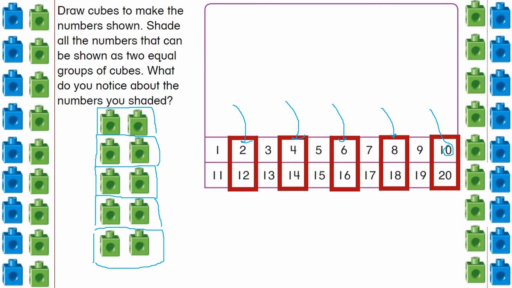So I think if we have a number that ends in 2, 4, 6, 8, or 0, or if we can make 2 even stacks of cubes, 2 stacks that are the same height, I think that means we have an even number. Boys and girls, we are on our way to solving this question. All right, let's move on.